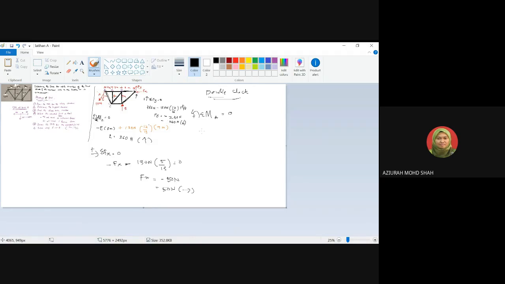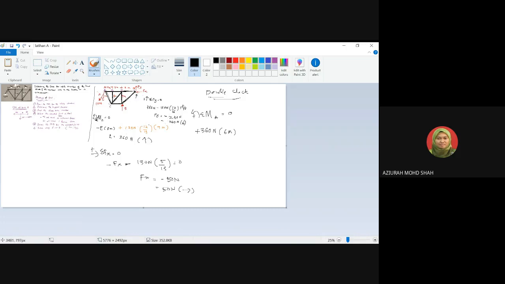So 300 dia akan jadi counterclockwise lah. So tambah 360 Newton, times dengan 6 meter. Kemudian Fx we don't have to calculate, Fy. So Fy, sepatutnya arrow dia ke bawah kan?